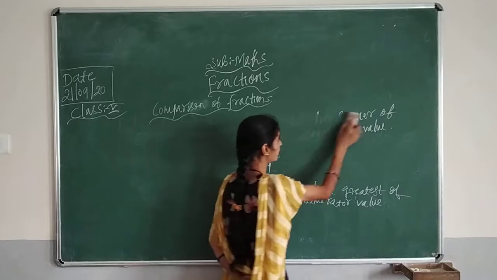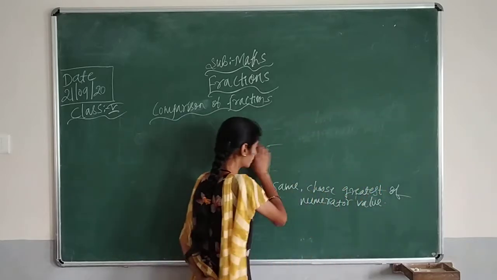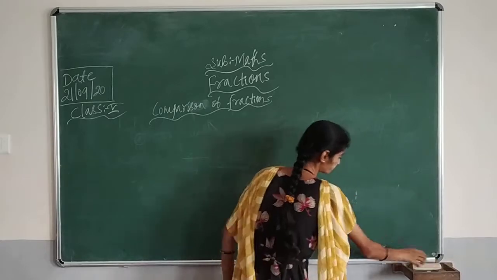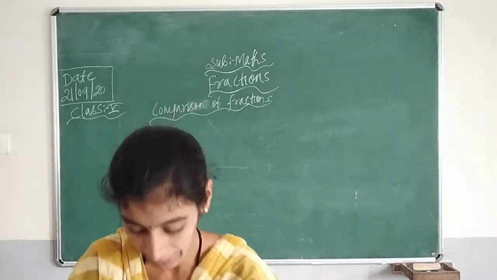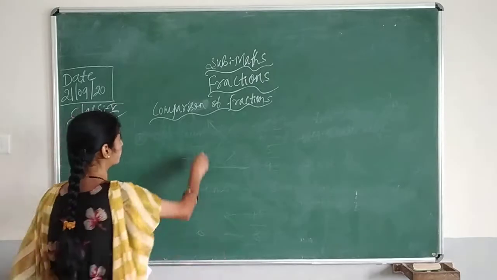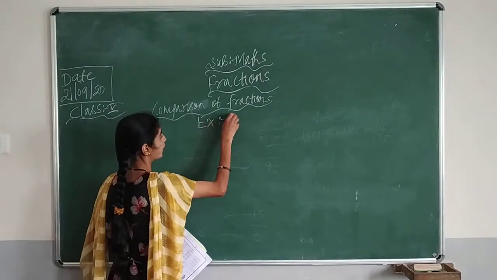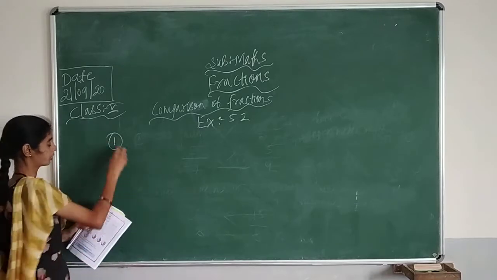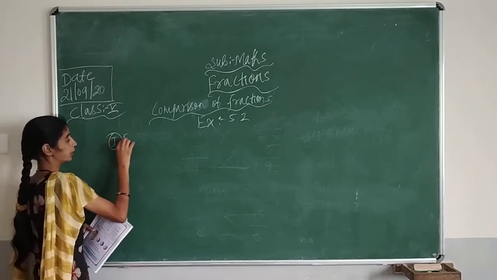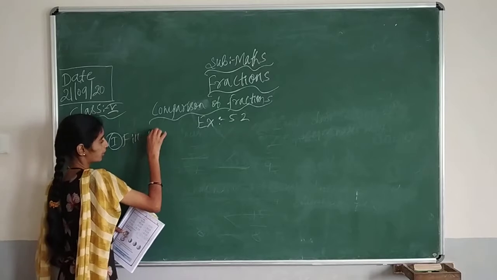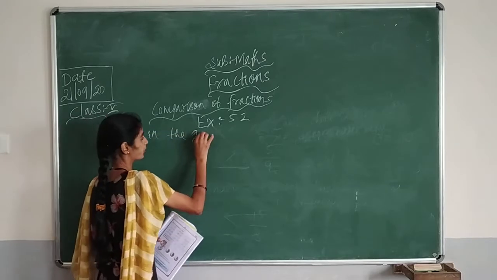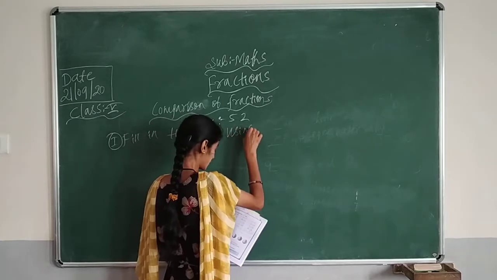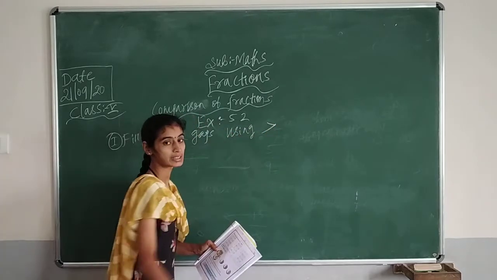Okay. Now we will move to the exercise 5.2 and it is in page number 63, children. So open it. You need to write that. So page number 63 you have the exercise 5.2. So in that first question, first bit is fill in the gaps using what is this symbol, children?